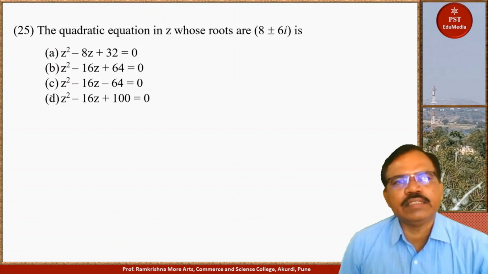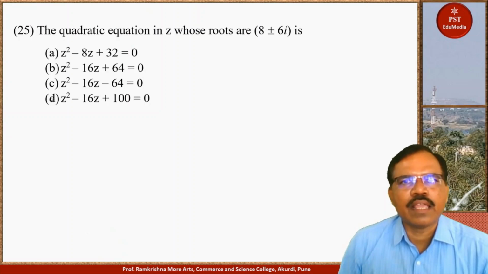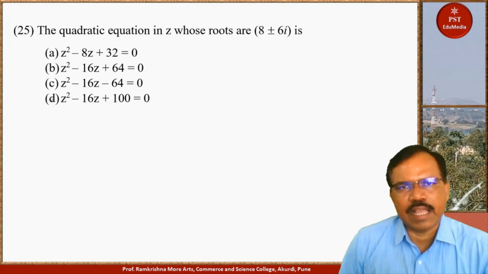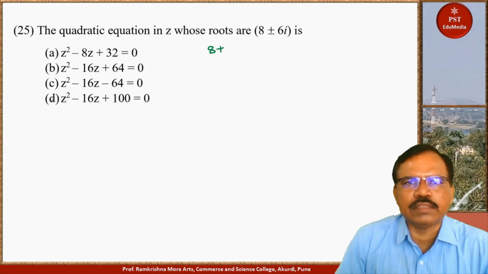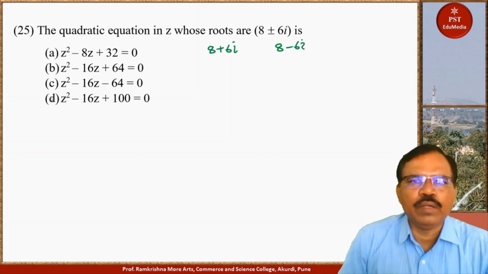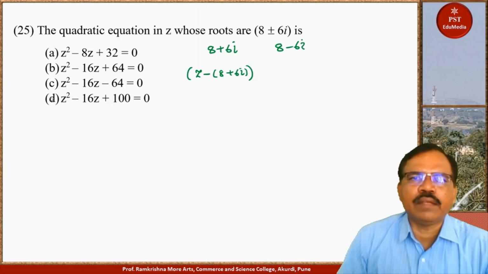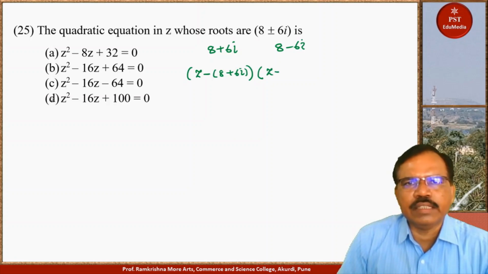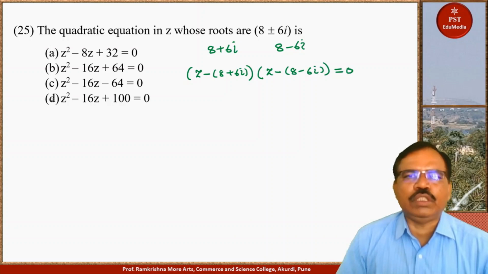The quadratic equation in Z whose roots are 8 plus 6i and 8 minus 6i. So how can we find the quadratic equation? First root is 8 plus 6i, second root is 8 minus 6i. So we will take here Z minus (8 plus 6i) in brackets, multiplied by Z minus (8 minus 6i), and this is equal to 0.